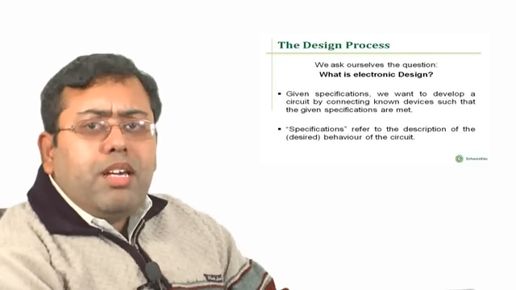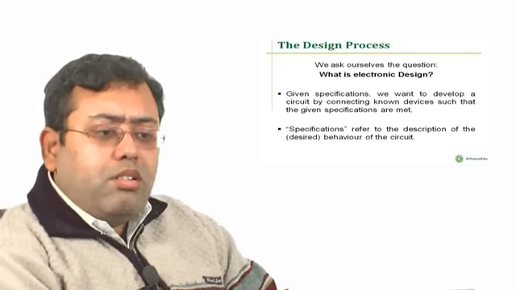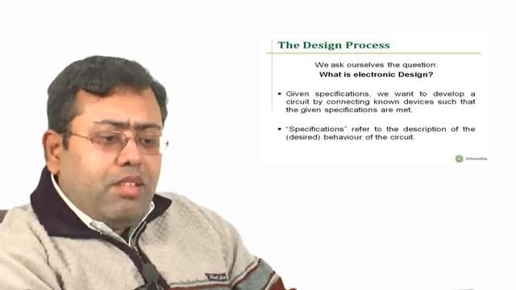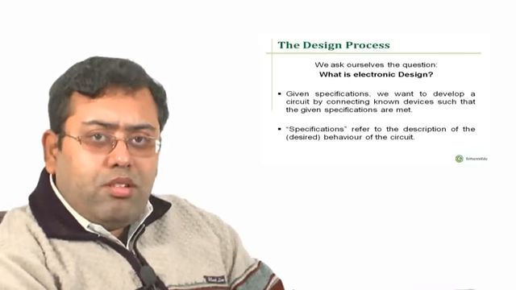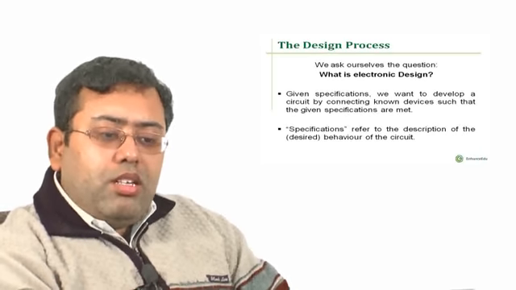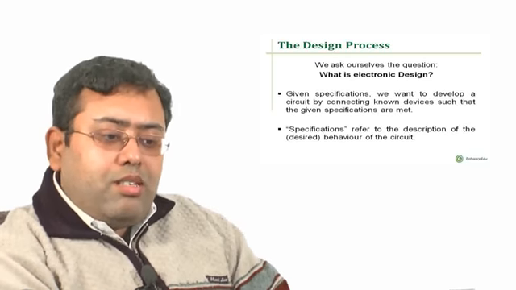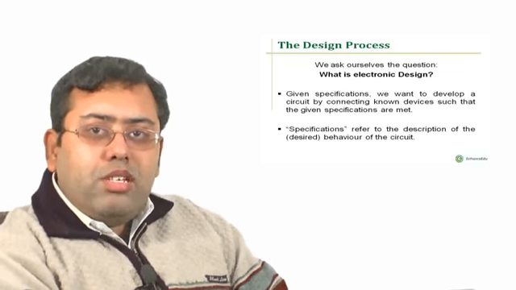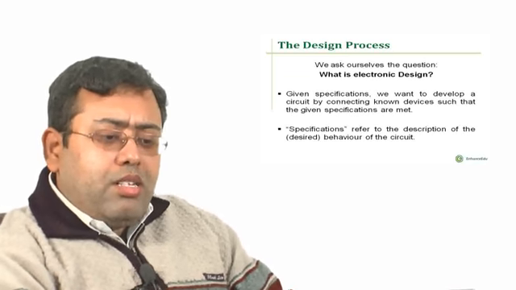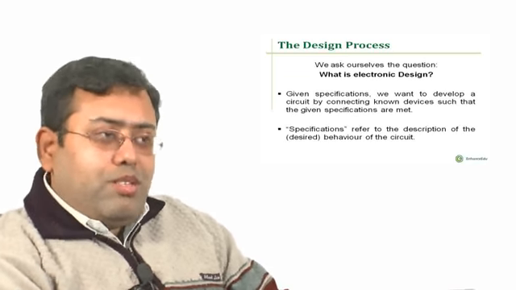We start by asking ourselves the question, what is an electronic design? Given the specifications of a system, we would like to develop a circuit by connecting known devices such that the given specifications are being met. Then the next question is, what do we really mean by specifications?